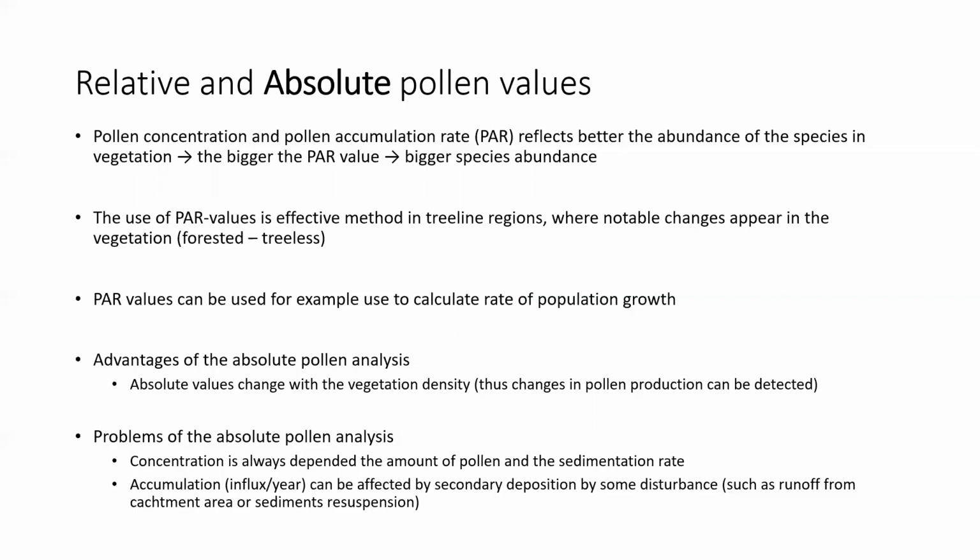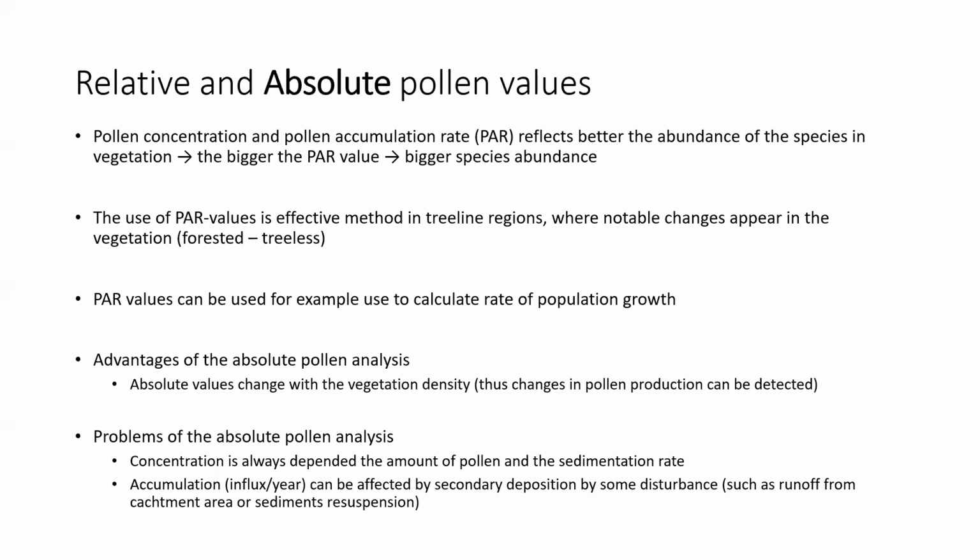So when using the absolute values, we need to have a really good chronology for the core. So we need to have a stable sedimentation so that we can say that the accumulation is even and that the sedimentation rate doesn't affect the pollen accumulation.